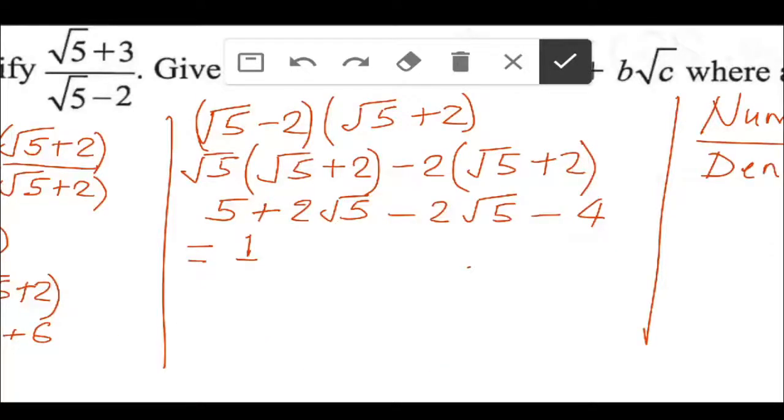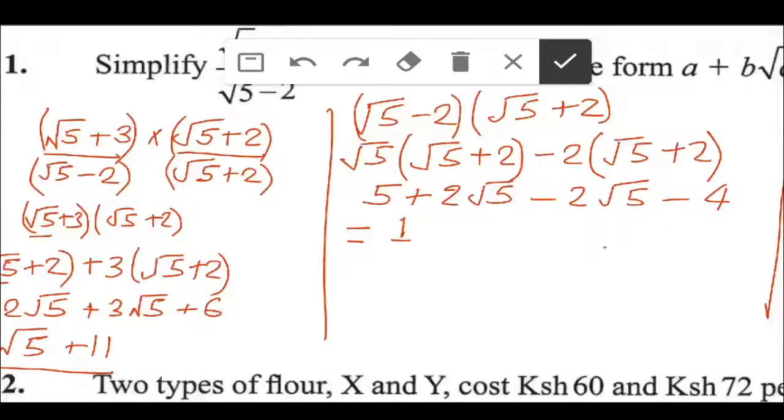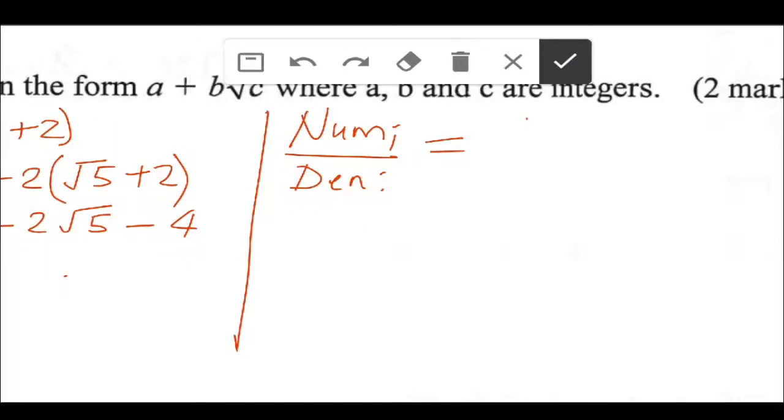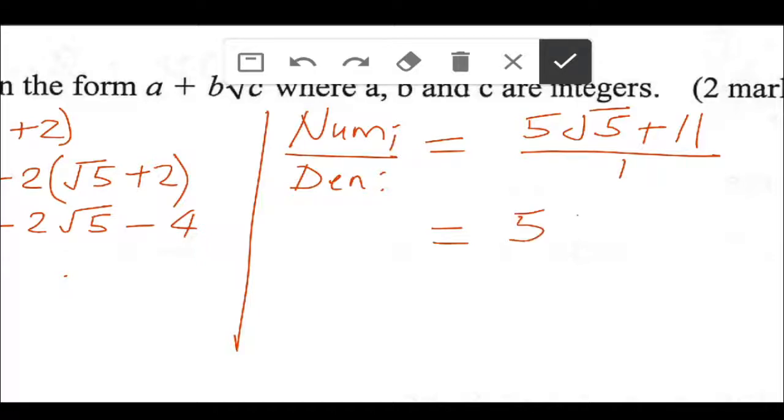The answer for the numerator is 5 root 5 plus 11, and the answer for the denominator is 1. So when you simplify that, you can clearly see that this is 5 root 5 plus 11. But then we go back to the question.